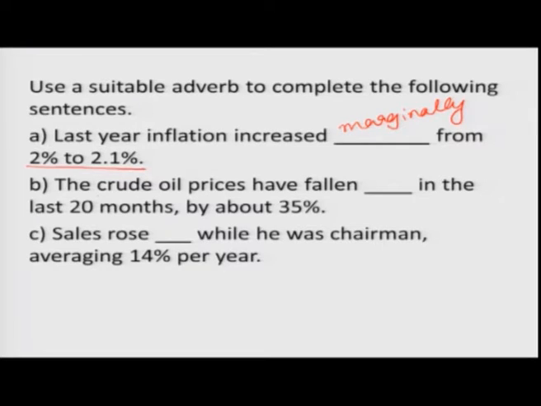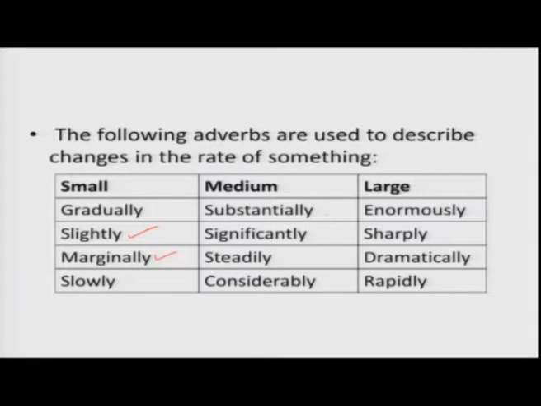Look at the second one: The crude oil prices have fallen blank in the last 20 months by about 35%. You think this is huge, this is very significant. So, you can go back to the table and look at this column here. You can choose something from here.